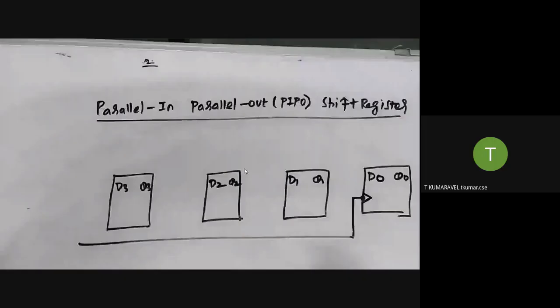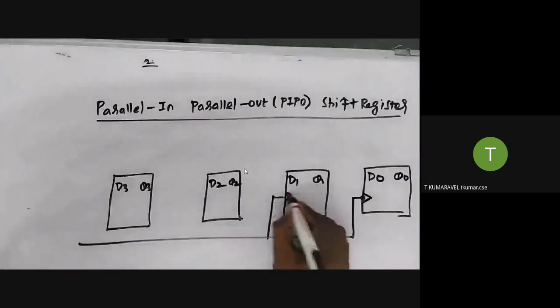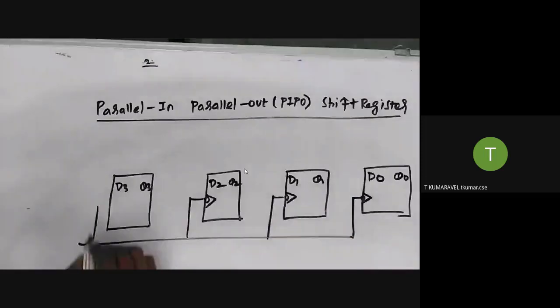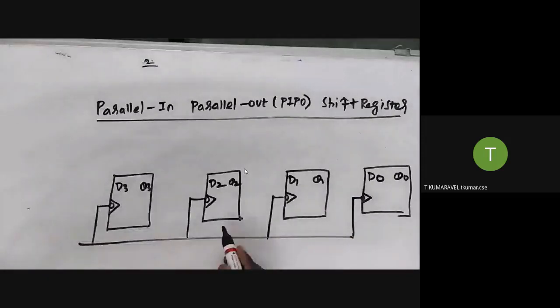To operate the flip-flop we need a positive edge trigger or a negative edge trigger. In this example I am considering a negative edge trigger, because the bubble is there, and a bubble indicates a negative edge trigger.